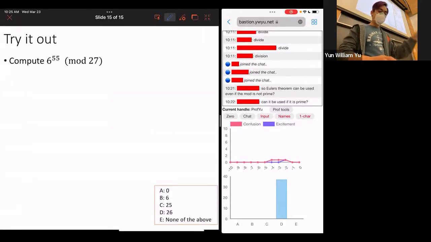So let's have you all try it out on another one. Compute 6 to the 55 mod 27.